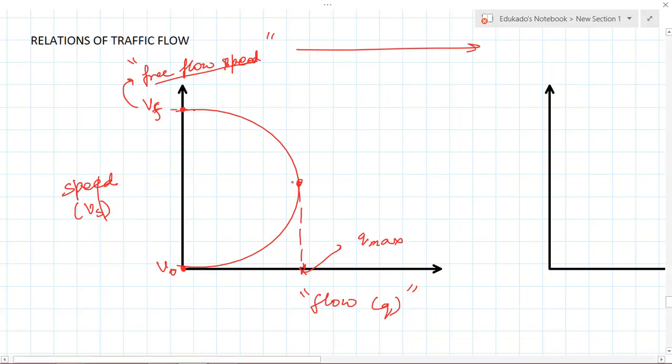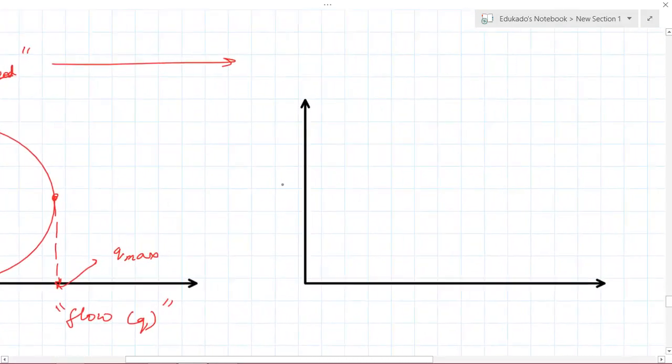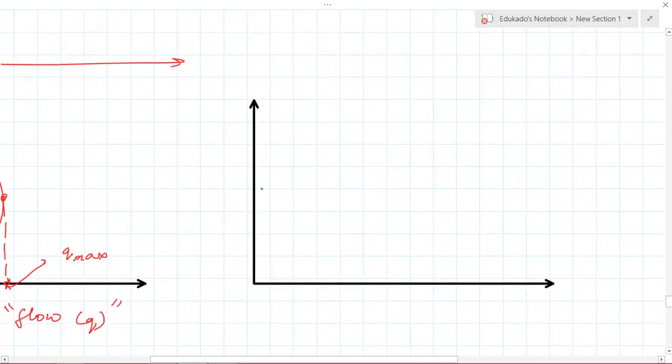Now let's go to another relation which can be formed between the flow and the density. Over here I am taking density on the x-axis, and flow over here. Fine. So what I will see here is that when the density is 0, the flow will also be 0, since there is no vehicle on the road.